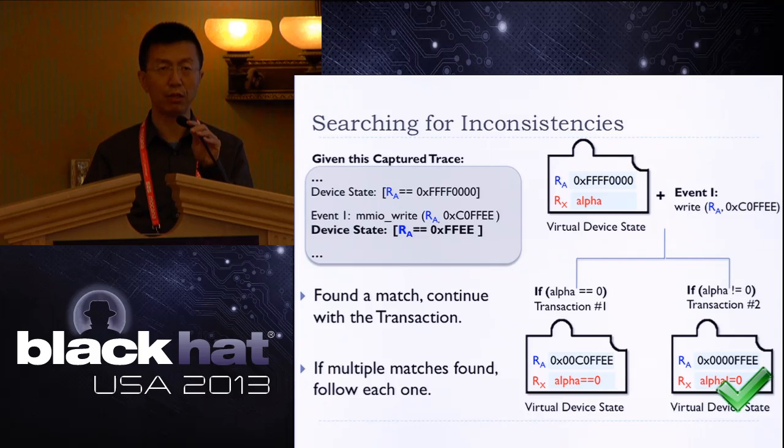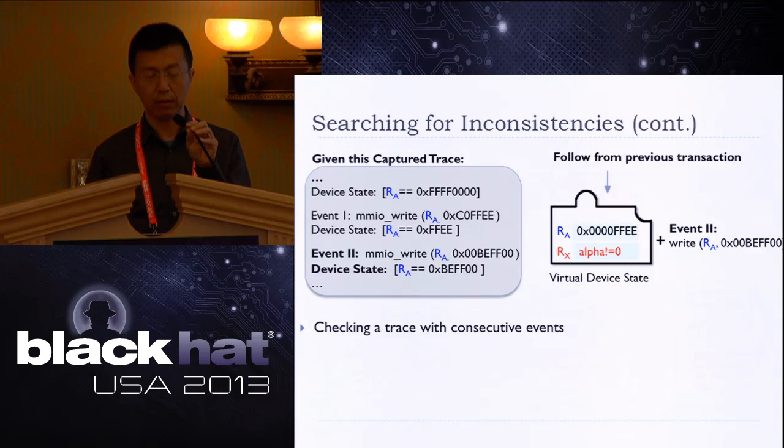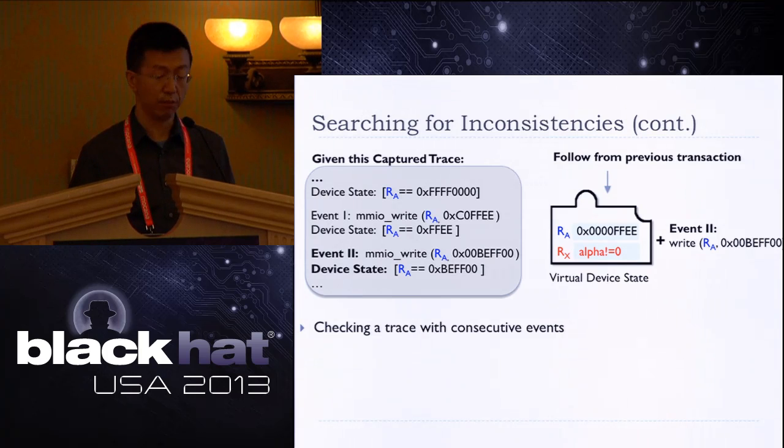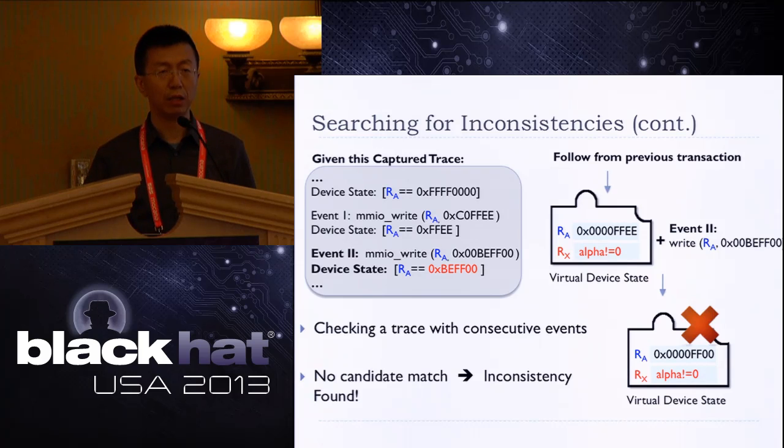So even if you don't have all the concrete values, and you don't know for sure which path the virtual device is taking, you can still explore it. Now, suppose in the physical device you have a sequence, with the final device state and I/O showing as BEEF, and you can still follow your execution, and you find that by enumerating all the possibilities, there's no way your virtual device is going to have that state.